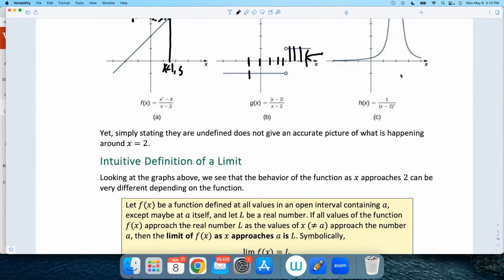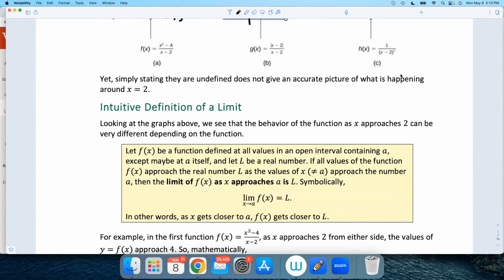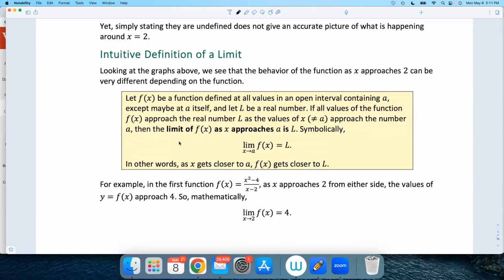Now, next week, we're going to talk about the formal epsilon delta definition of a limit. And it's pretty cool. I really like the definition of a limit. This is a naive approach here. This is not the mathematically formal definition.